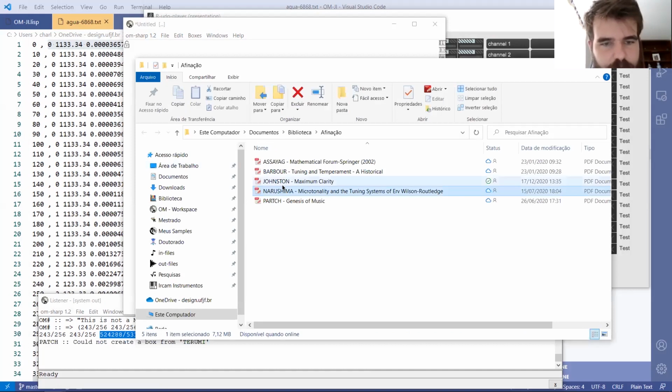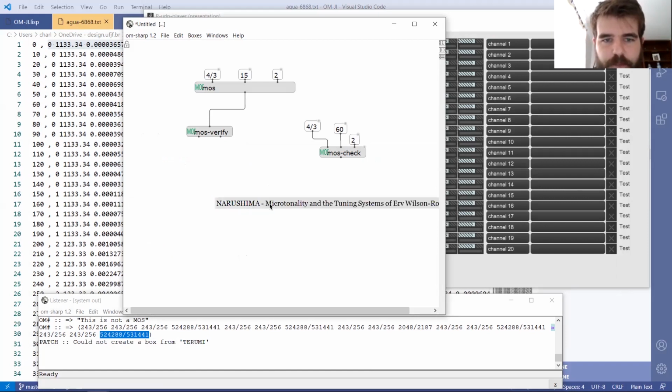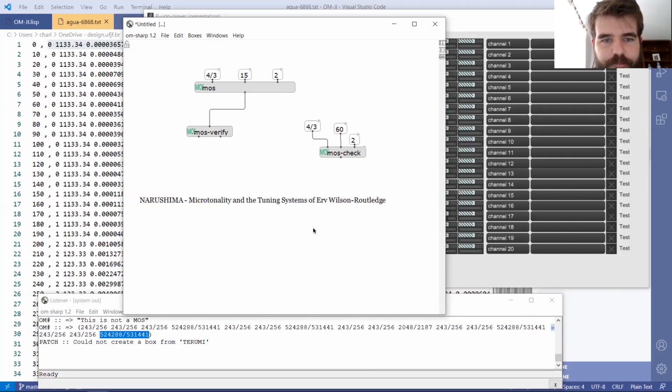Let me put it here. So this is the name. All the theories of Wilson are inside this book. It's a very good book. It's not simple to understand how the theory of Wilson works, mainly the CPS, the combinations product set, but she explained it very well. So it's not difficult to understand.